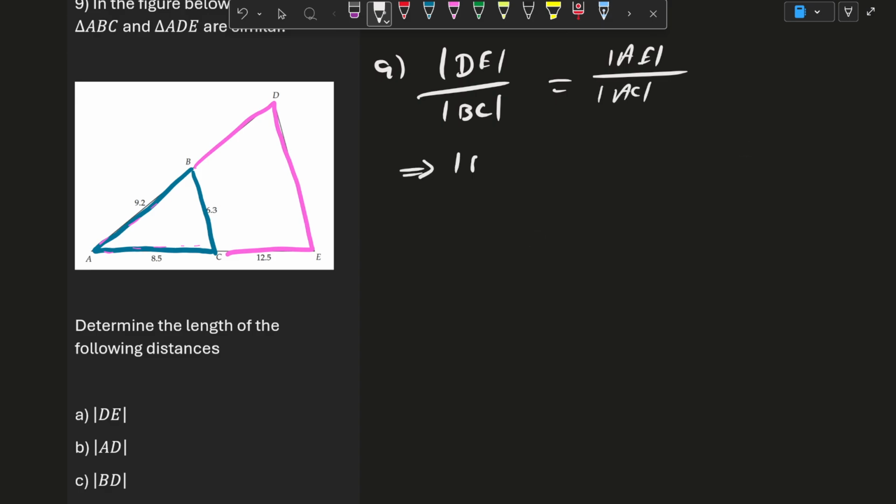So that means that the length DE divided by the length BC, which is 6.3, equals the length of AE, which is 8.5 plus 12.5, so that's 21, divided by AC, which we know is 8.5.